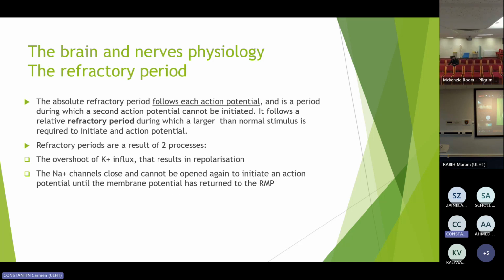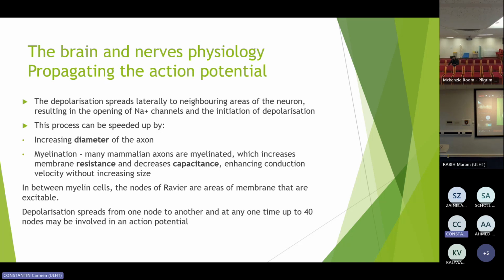Moving on from action potentials and depolarization, we have the so-called refractory period. The absolute refractory period follows each action potential, so this is important to remember, and is a period during which a second action potential cannot be initiated. And then we have the propagation of the action potentials.